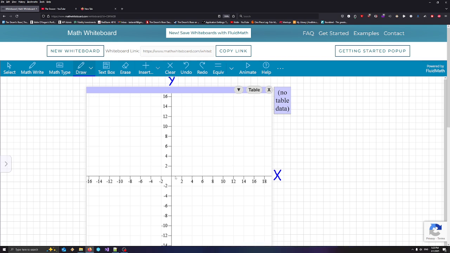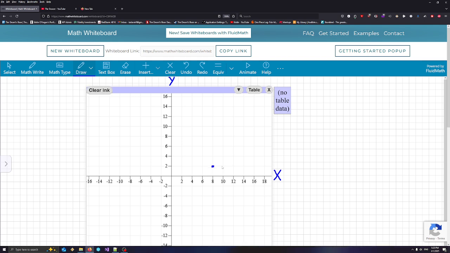So if we want to go, let's say, we can start our house over here. We'll start by moving to the right, 2, 4, 6, 8. So x is 8, and we can move up, let's start here at 2 and put a point there.